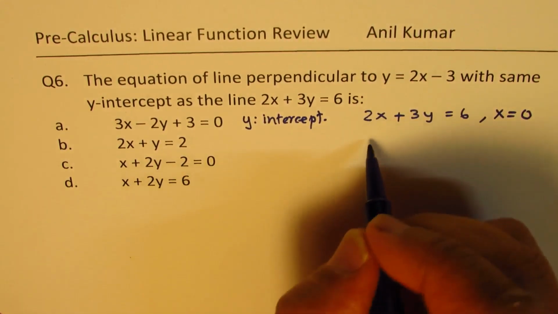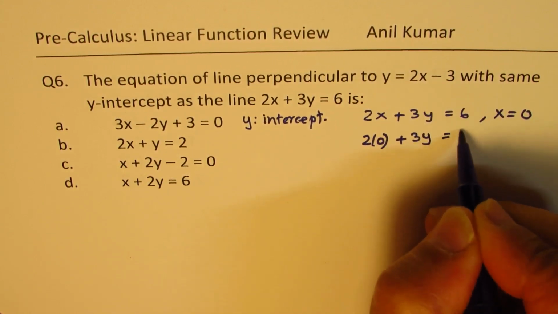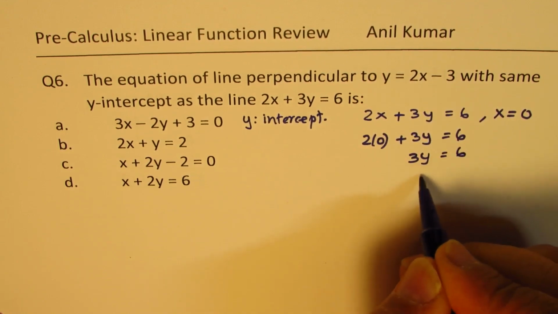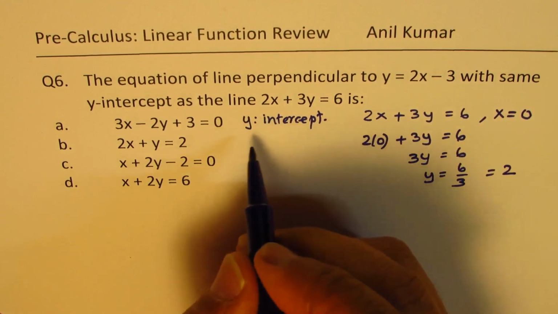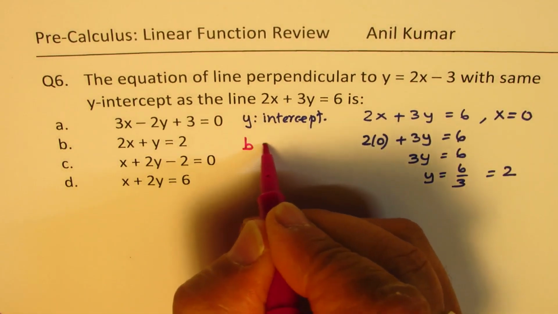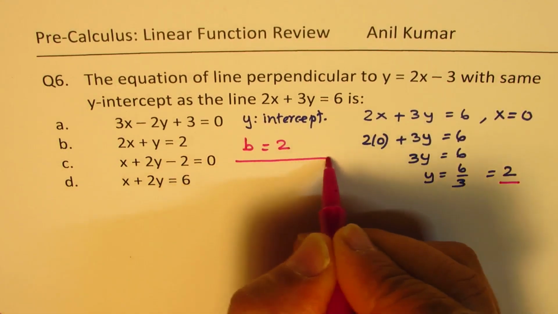So if I substitute x = 0, we get 2 times 0 + 3y = 6, right? So that means 3y = 6, y = 6 over 3, which is 2. So the y-intercept for us is, let me write down, b value is equal to 2.